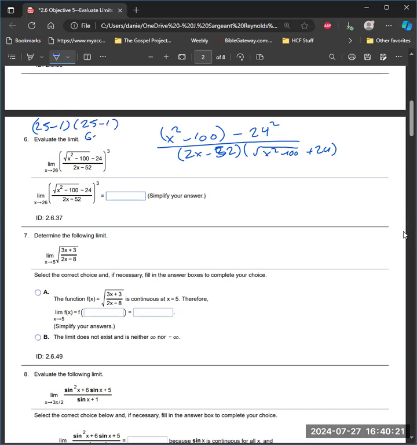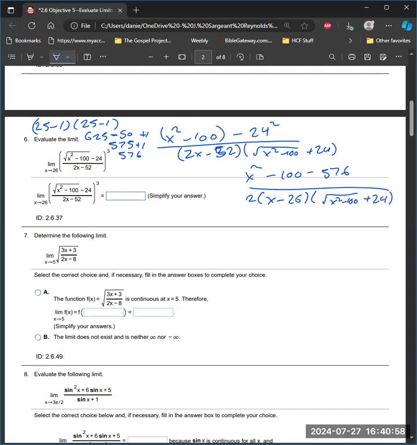That is 625 minus 50 plus 1 is 575, plus 1 is 576. That is x squared minus 100 minus 576 over 2x. This is 2 times x minus 26. And 26 times 26.